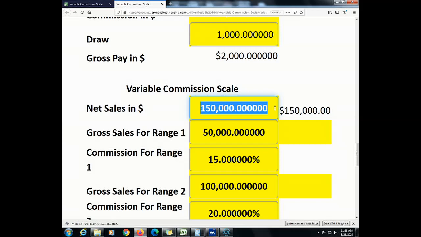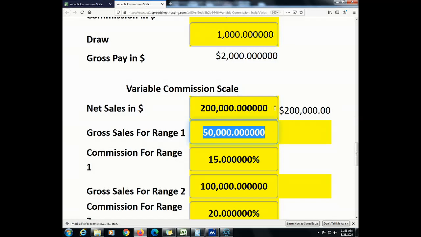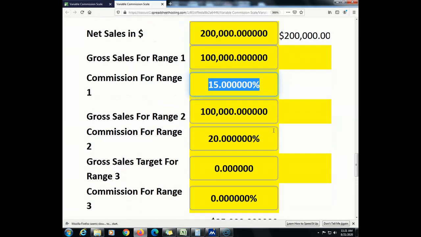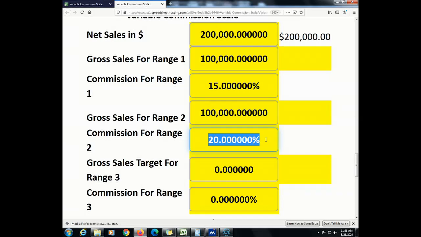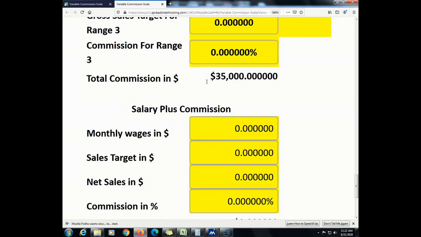So let's say you sold just about $200,000 worth of goods, and the commission rate for the first 100,000 is 15%, and for the next 100,000 is 20%. Based on these figures, this calculator automatically figures out your total commission, which comes to about $35,000.